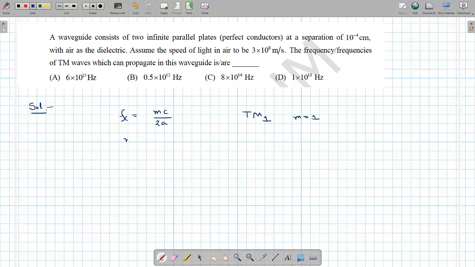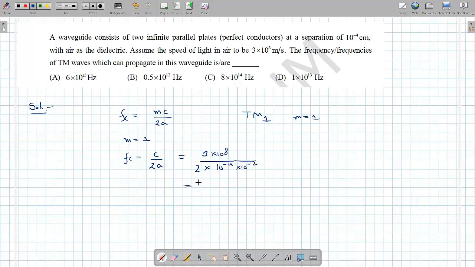So here if I put m equal to 1, I'll get fc equal to c upon 2a. So this becomes the lower cutoff frequency. Any frequency greater than this will propagate in the waveguide. Let us see the value of this. So this is 3 into 10 raised to power 8 upon 2 into 10 raised to power minus 4 into 10 raised to power minus 2.